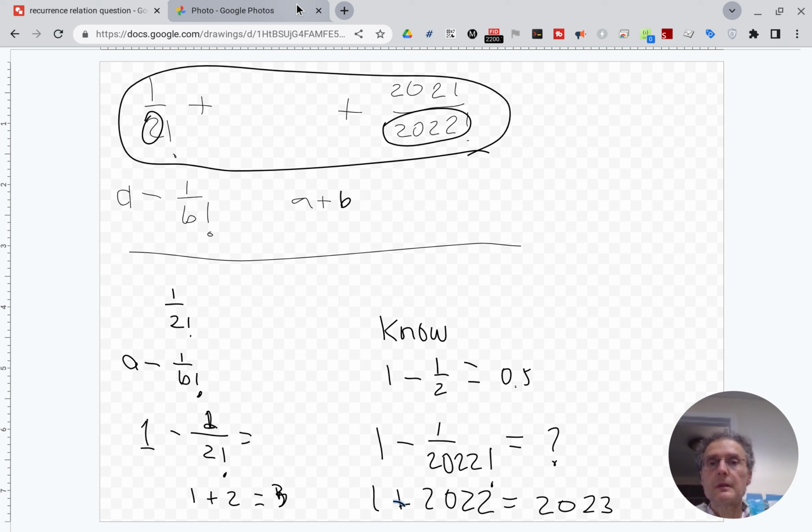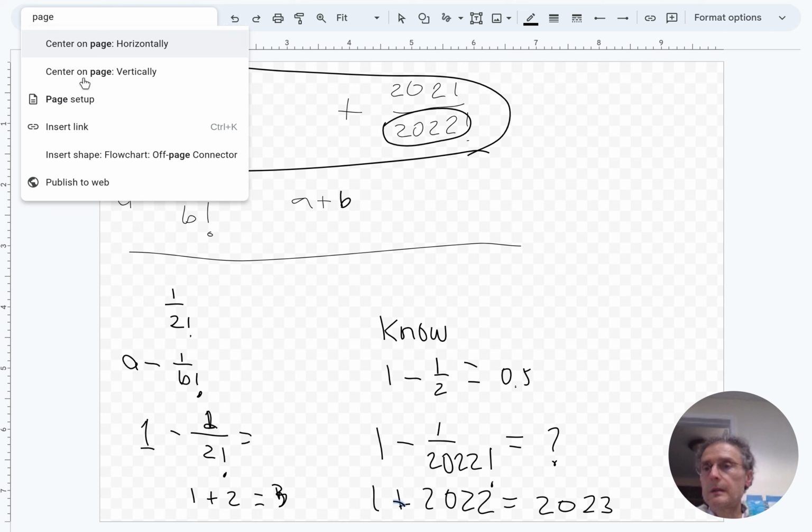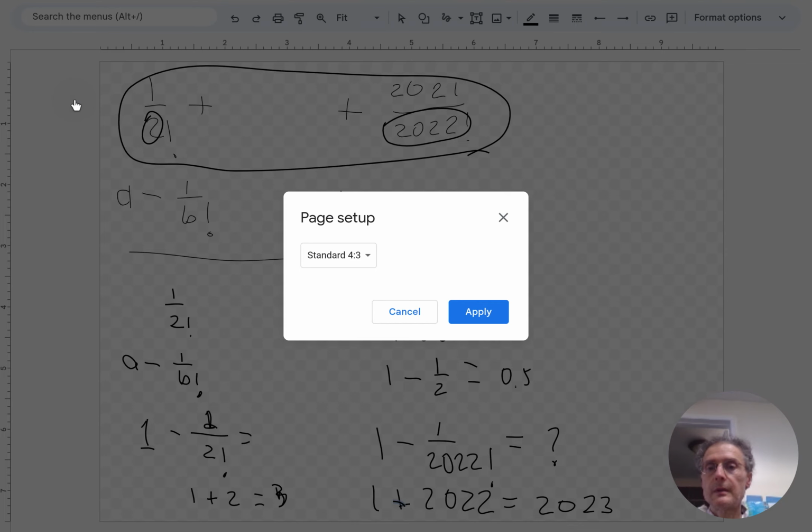I guess what we could do is go here, and I think there's an Alt/ that says it'll bring up a menu, and it doesn't. Oh, it did. Okay, so let's go to page setup. So let's just keep making the page bigger.